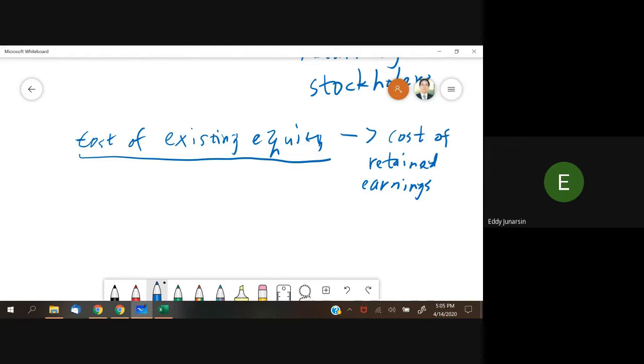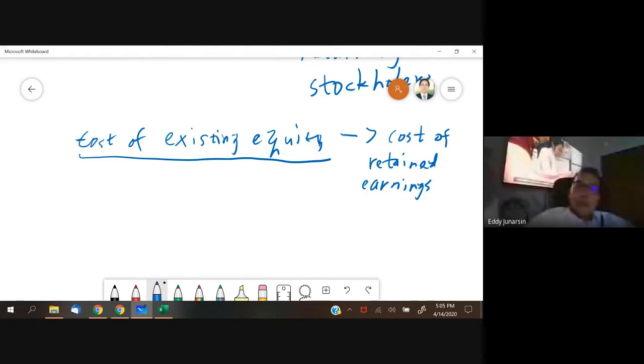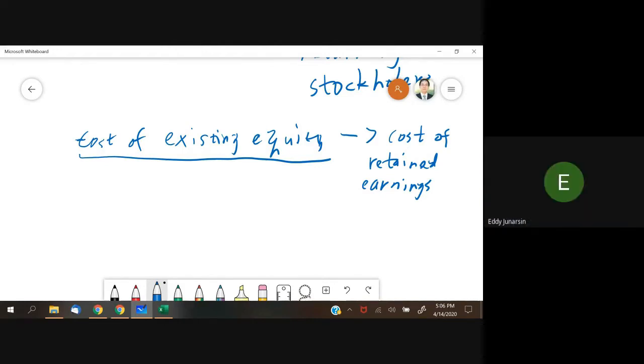Remember that when the stockholders allow the management to retain a certain proportion of the net income as retained earnings, actually, they are saying this, right? You could retain my money. You could choose not to distribute the net income as dividends to me, as long as you could produce more using the money. You see the logic now?